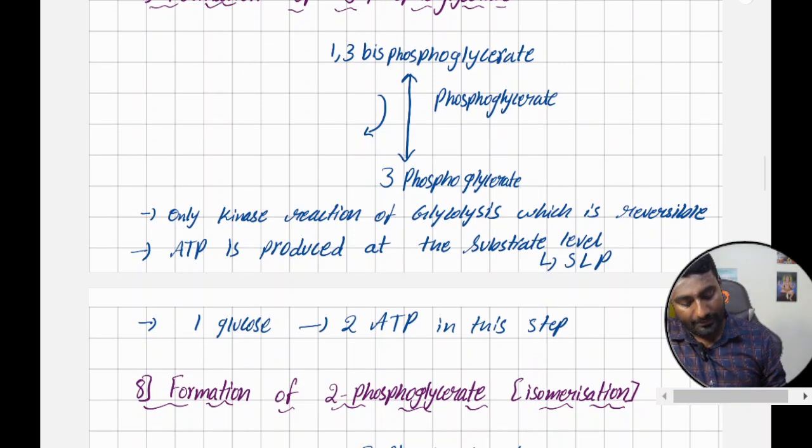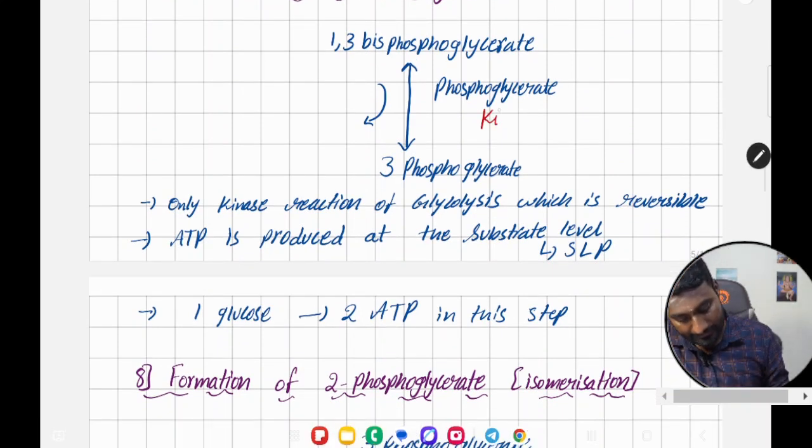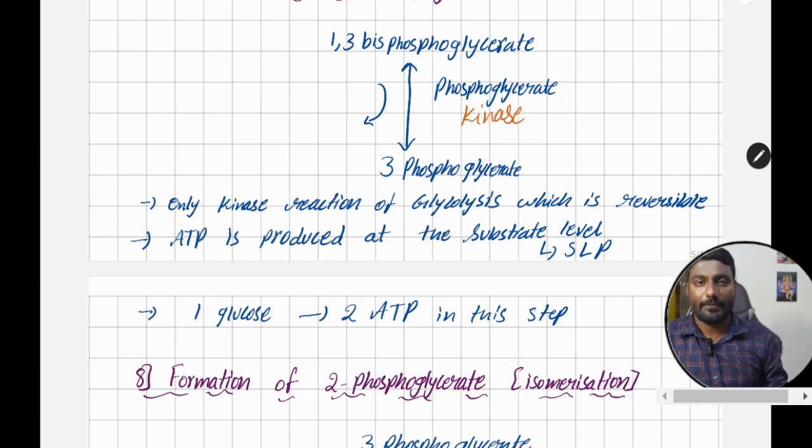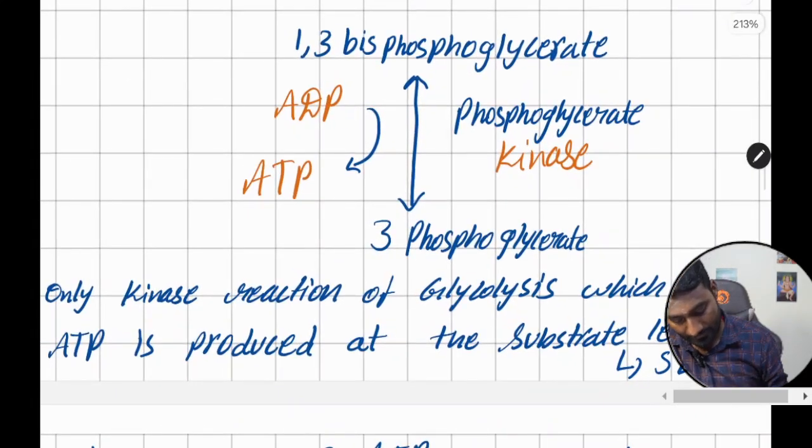Now it is being done by the enzyme phosphoglycerate kinase, where ADP is getting converted into ATP, with the help of Mg2 plus.